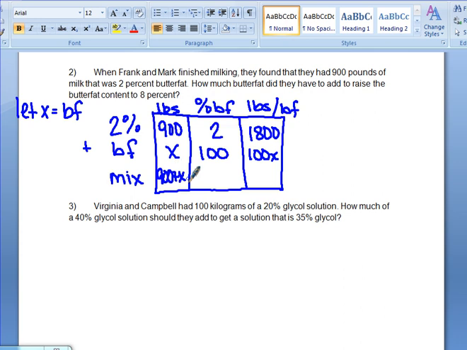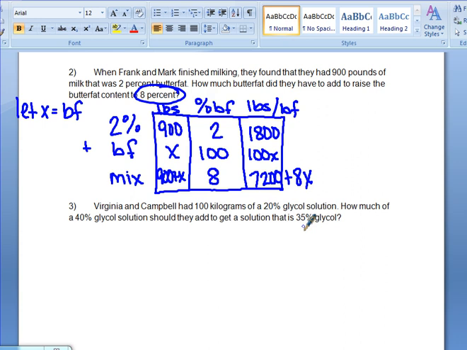We want to have an 8% butterfat content at the bottom, so 8% goes in the percent column for our mixture. To solve all the way across, we need to do 900 plus x times 8, which gives me 7,200 plus 8x.